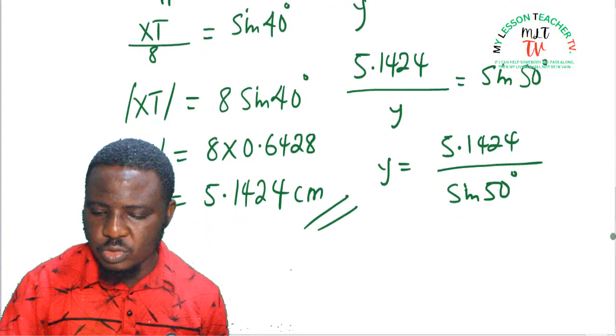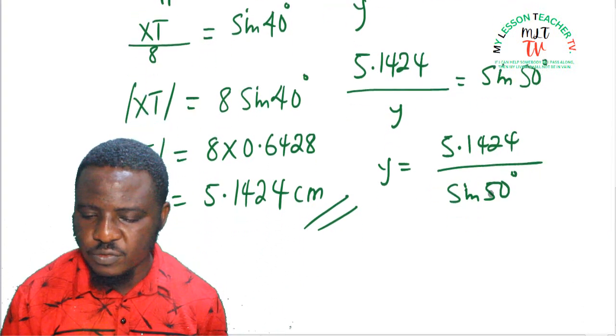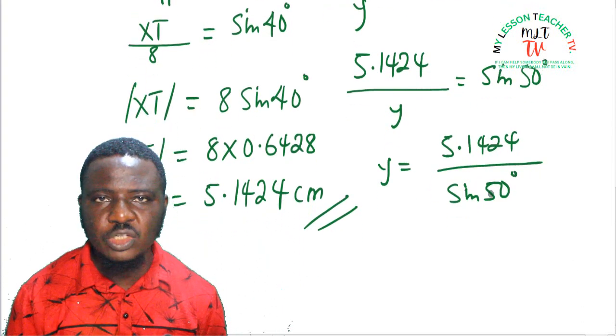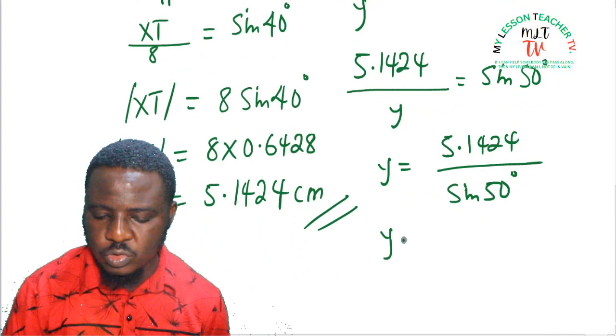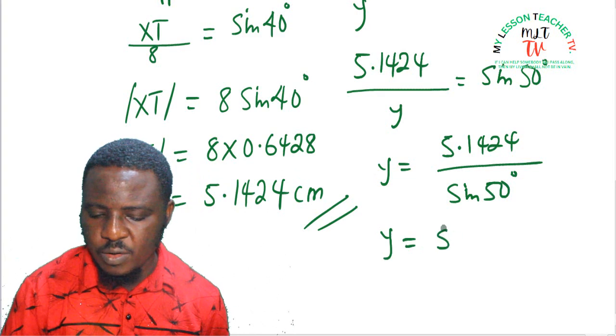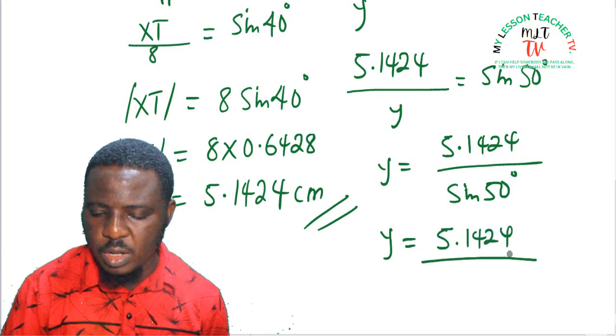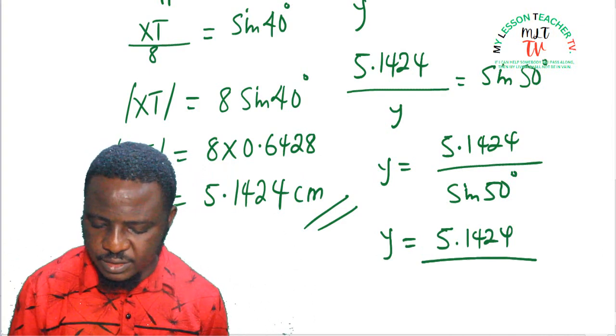You can also go back to your table to get the value of sine 50 degrees, or you can just do direct input into your calculator and it gives you your value. So Y is equal to 5.1424 divided by sine 50.